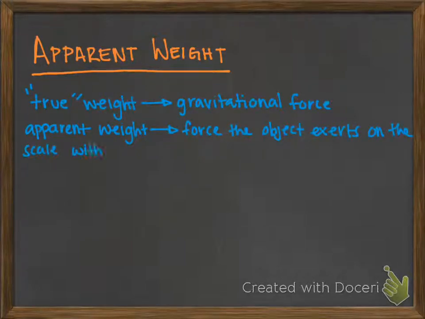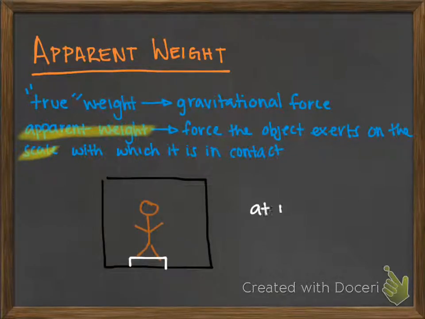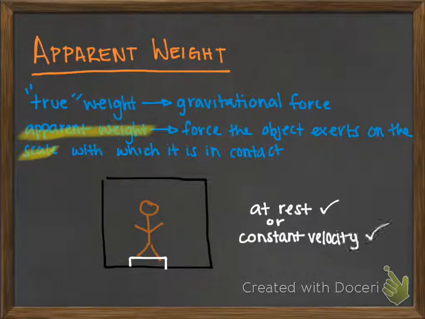In order to best explain this, we can draw a person on a scale inside an elevator. If a person is on a scale inside the elevator and the elevator is at rest or at a constant velocity, then the scale will show the person's true weight.